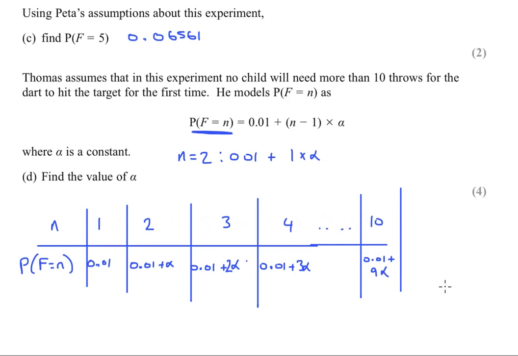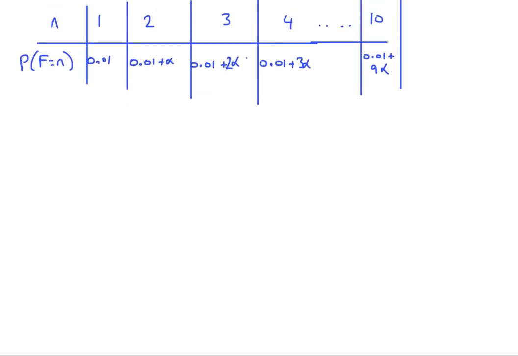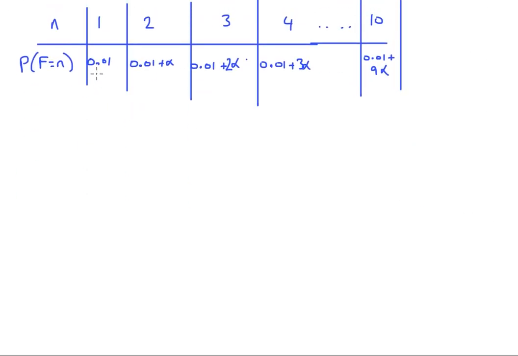Now, we know that these have to add up to 1, so the total needs to be 1. We've got 10 0.01s from 1 to 10, and then we've got 1 alpha, and then 2 alphas, 3 alphas, and that's going to carry on 4 alphas, 5 alphas, all the way up to 9 alphas.